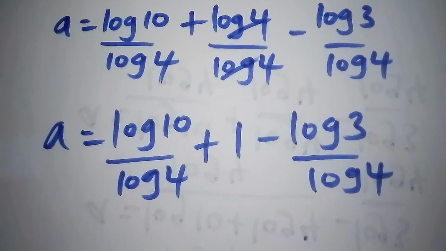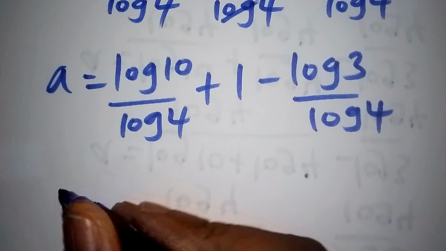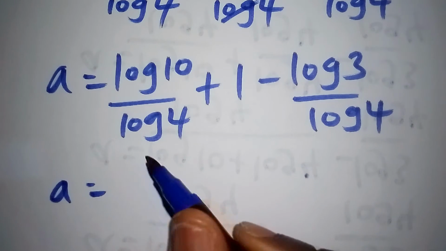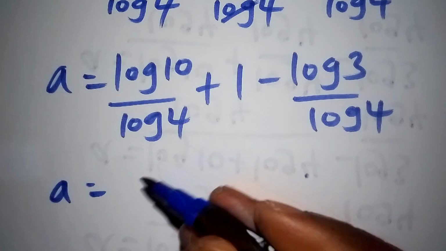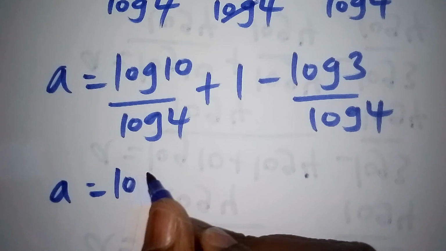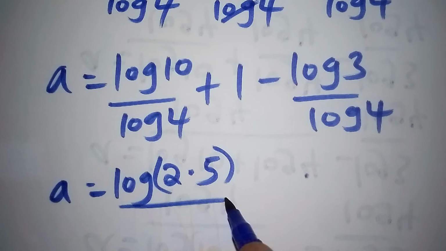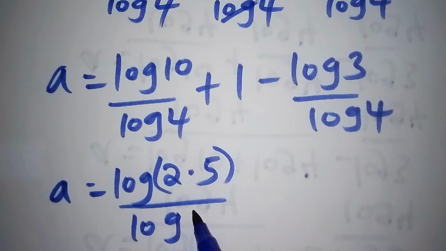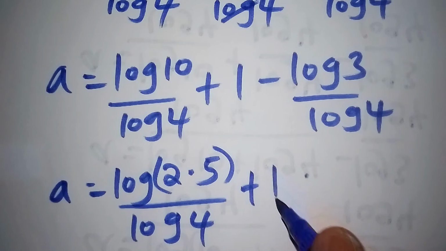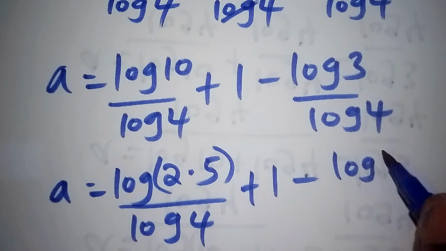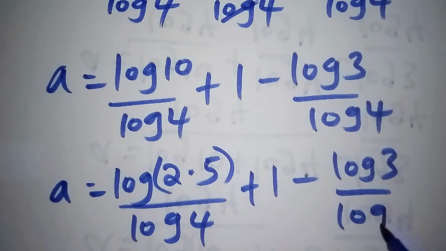Still, our value for a is equal to, log 10 we can write as the log of 2 multiplied by 5, all over the log of 4, plus 1 minus the log of 3 all over the log of 4.